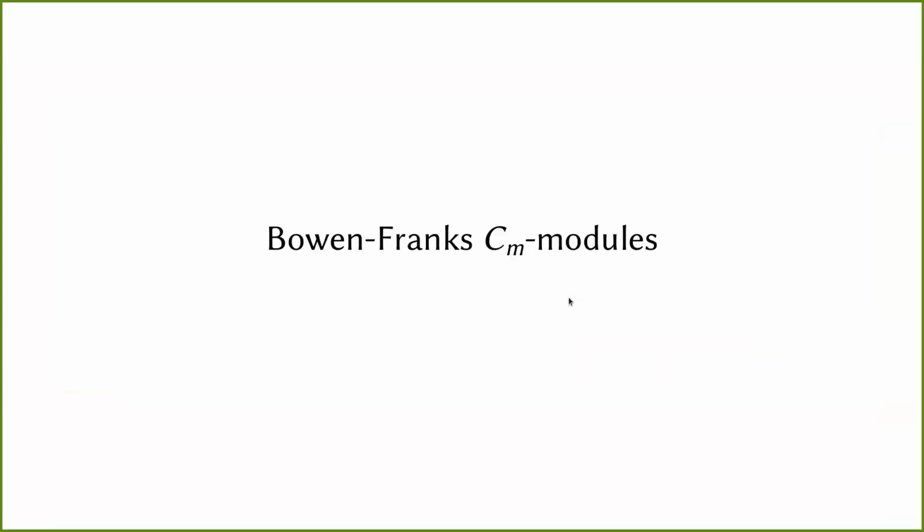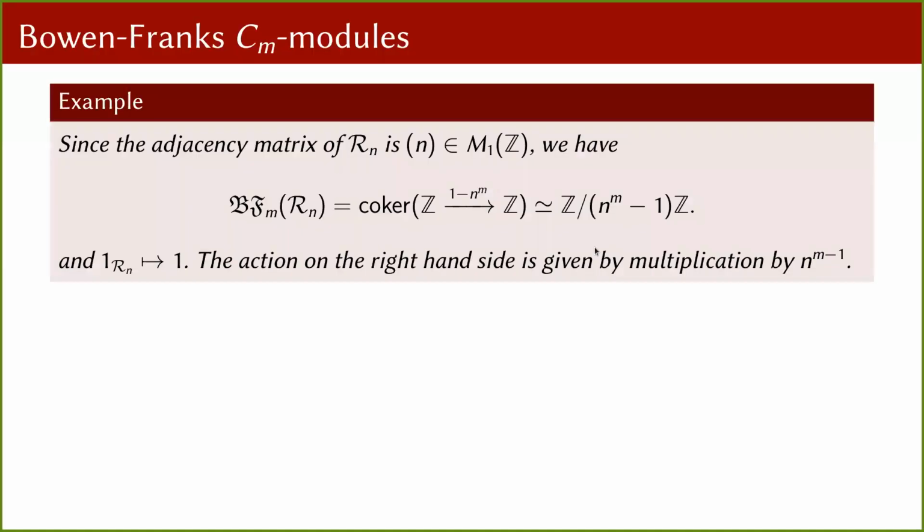Now I will speak about Bowen-Franks Cm-modules, in particular of Leavitt algebras and their Cuntz splices. The first case is easy enough. The graph Rn is the rose with n petals, so it's one vertex and n loops.